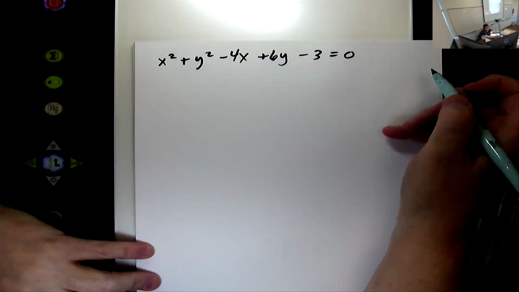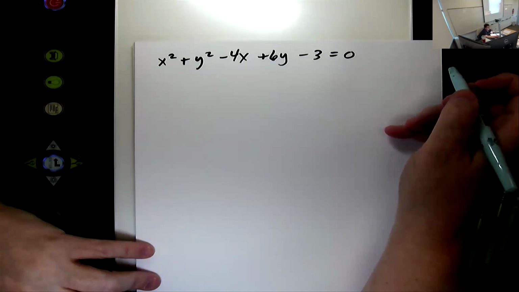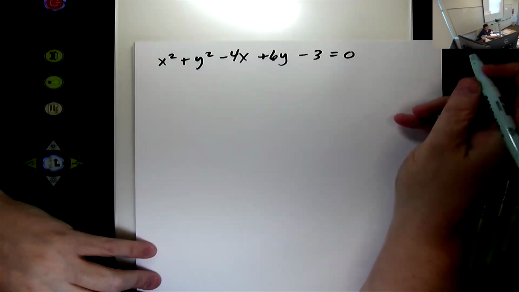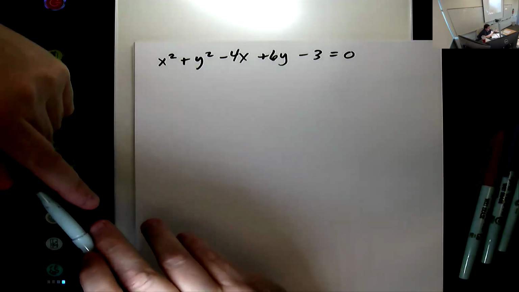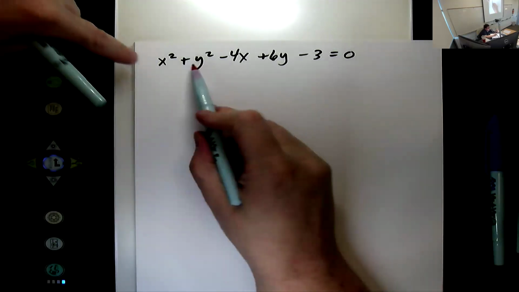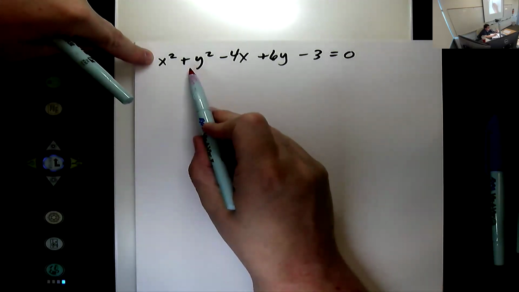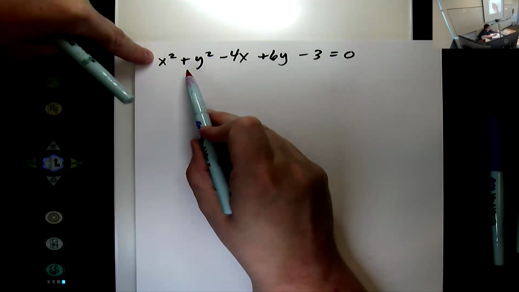Are we getting an ellipse or a circle? Well, that's a good question. It's kind of hard to tell at this point. I can tell you right now the way to identify the difference is if they have the same coefficients, they're gonna be a circle. Okay. If they have different coefficients, they're gonna be an ellipse.